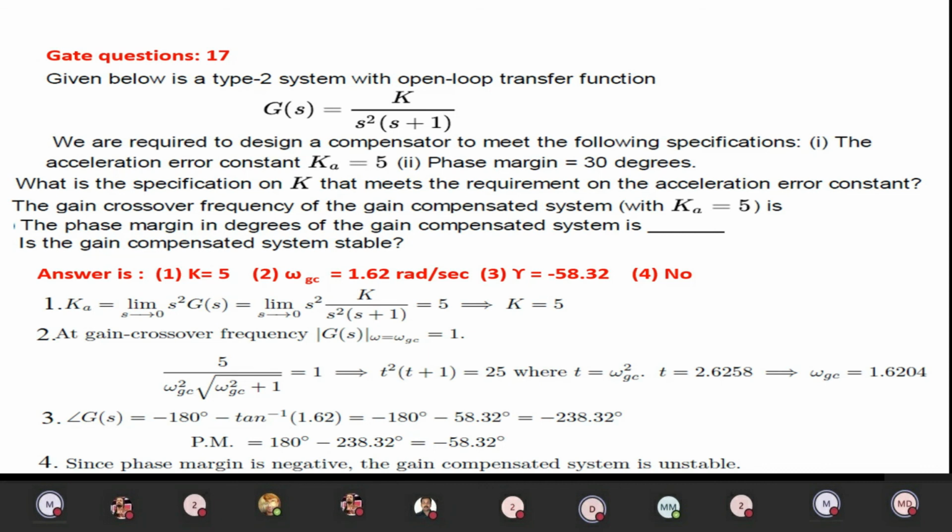So you will be getting 5 divided by omega gc into omega gc the whole square into root of omega gc the whole square plus 1. So if you do the simplification, you will be getting omega gc is equal to 1.6. Similarly, the phase angle you can write: 180 minus 180 minus tan inverse of omega. So substitute the omega value and you will be getting that phase angle is equal to minus 238.